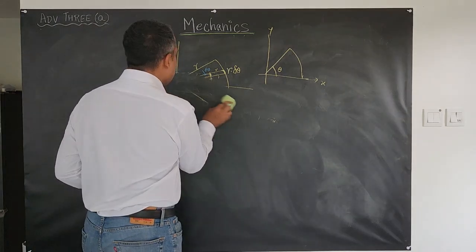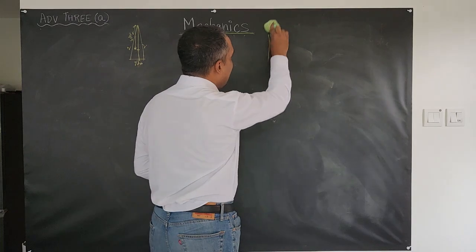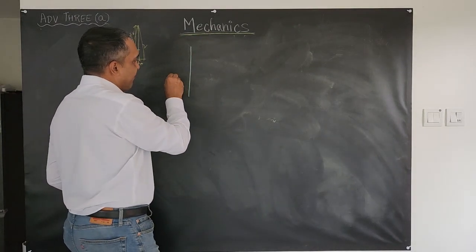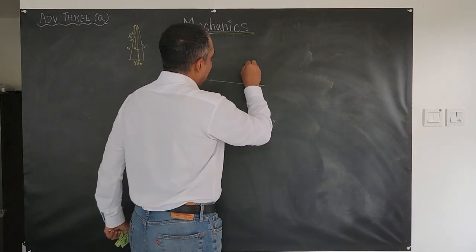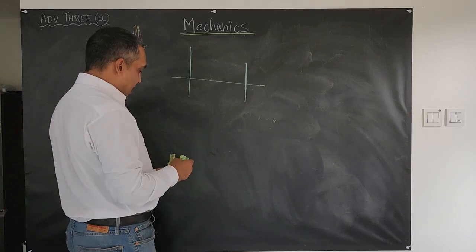But now let me extend this a little bit and see what else we can do with it. So now I'm going to ask you this problem in a slightly different manner. I have a framework. This is my frame, but wait, no, that's not my frame.